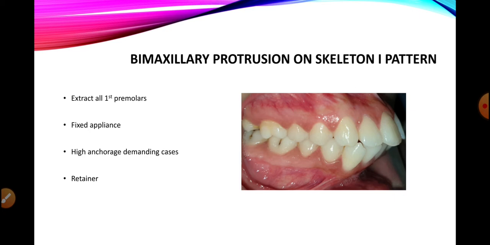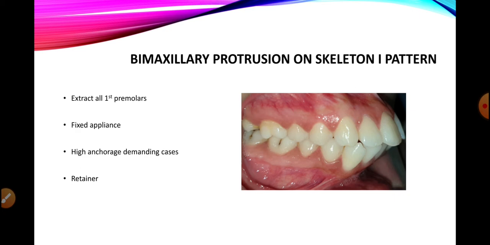And in cases of very much lip incompetency, where there will not be a lip to lip seal at the end of the treatment, even if the incisors are retracted, there will be no lip to lip seal or no anterior force that will stop them from being proclined again.